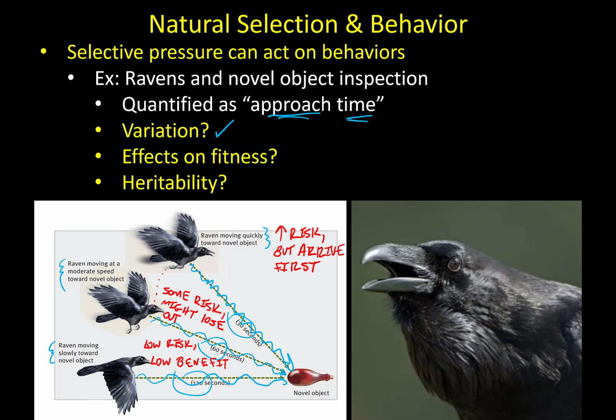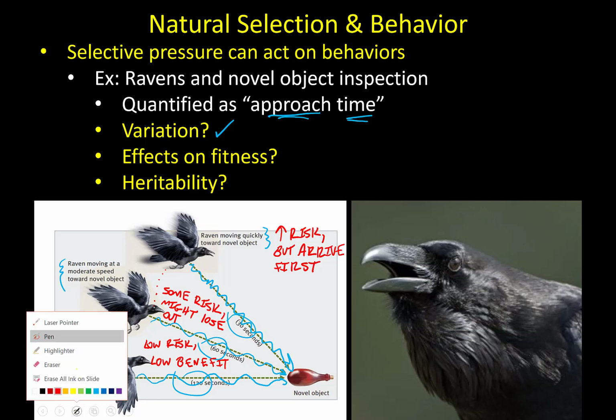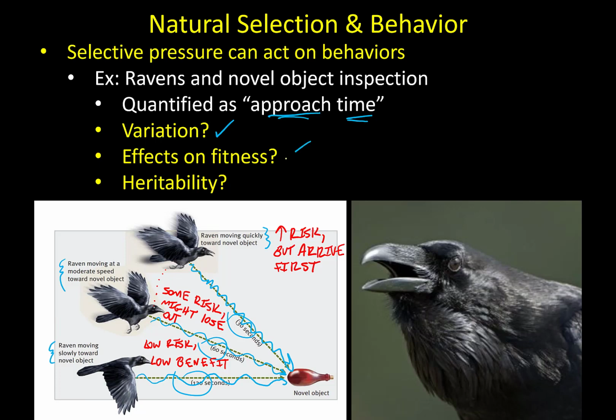So it may reproduce less even though it's living longer. It's hard to say. What we can conclude, though, is that there is definitely going to be an effect on fitness from this behavior. So 2 of our 3 prerequisites for natural selection to occur on this behavior have been met. But remember, the third is heritability.